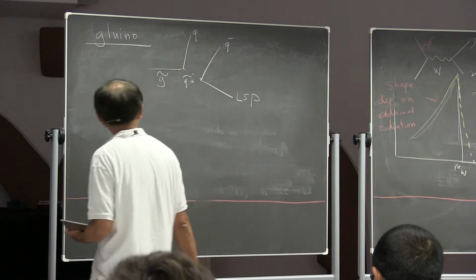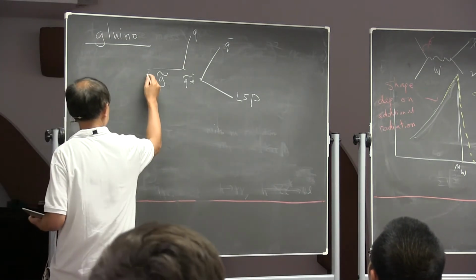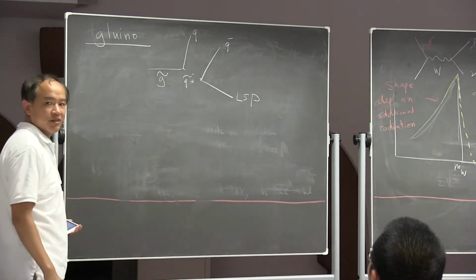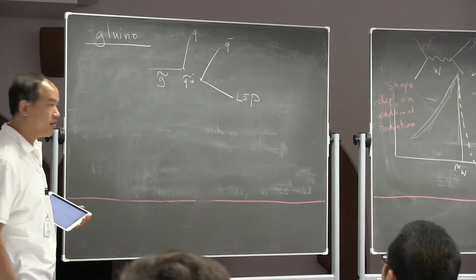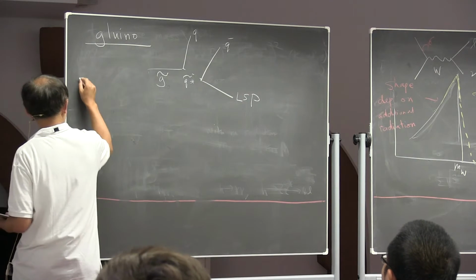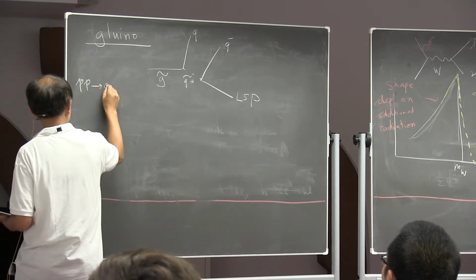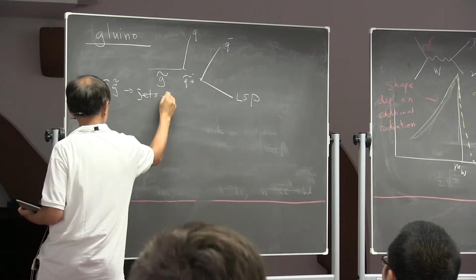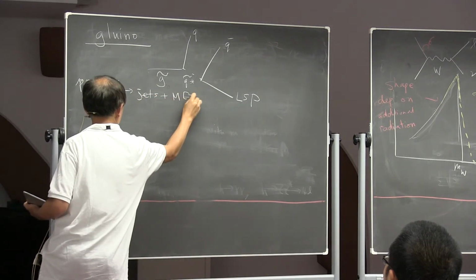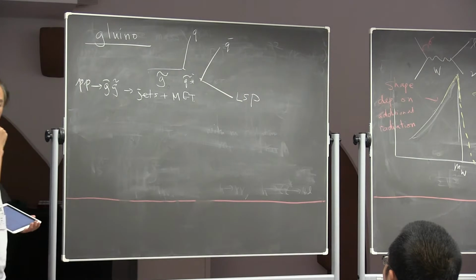Anyway, you cannot just produce one of these, right? You usually produce two of them. So it's pp goes to gluino gluino goes to jets plus MET.